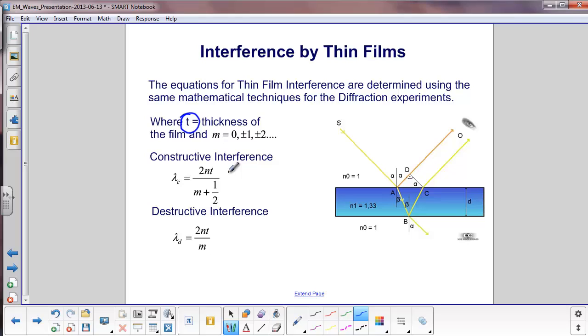And for constructive interference, which is where we'll see colors, the equation is 2nt divided by m plus 1/2, and n of course is the index of refraction. And destructive interference will result when the wavelength of light equals 2nt over m, and you'll get the dark fringes. A key thing to notice on this is the index of refraction here, which is 1, and here is 1. Both of them are less than the index of refraction of the material we're going through.